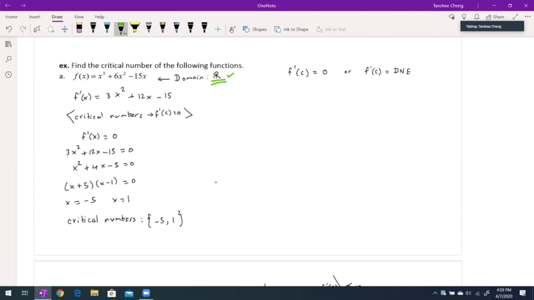So now, since these two values are in the domain of the function that we are looking at for the local max and local minimum later on, now I can say that the critical numbers will be both of the numbers. Are we good?